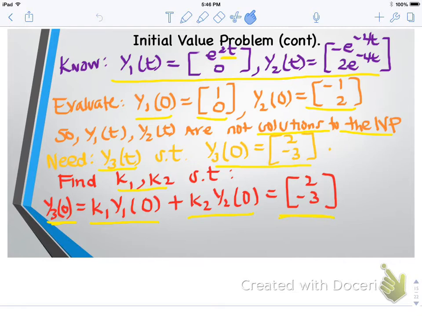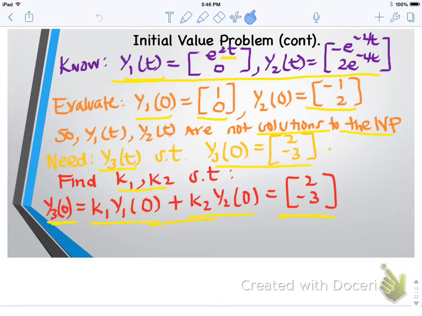Hopefully, if this isn't making sense, go back over linear combinations, because all I'm saying is that y sub 3 is going to be a linear combination. Once you know two of your solutions, all your solutions will be a linear combination. It's a special condition, actually, which we'll talk about in a minute: linear independence has to hold. But once you know that, then you can make that combination, okay?